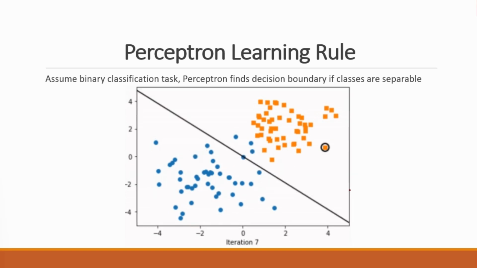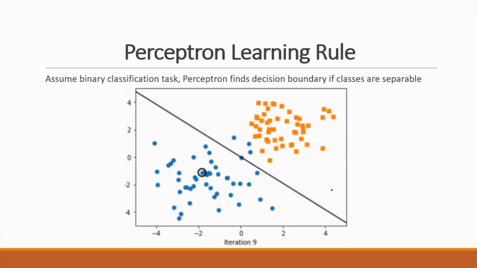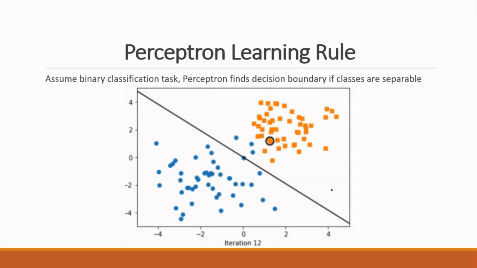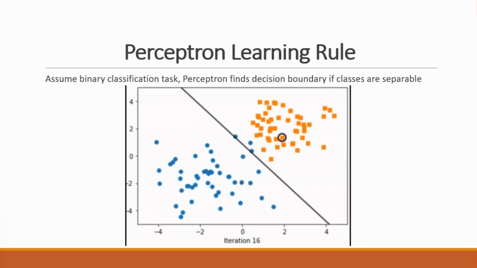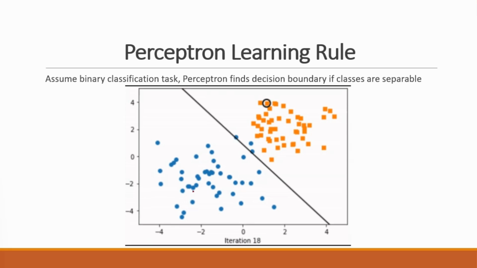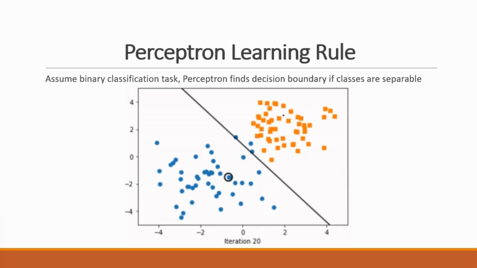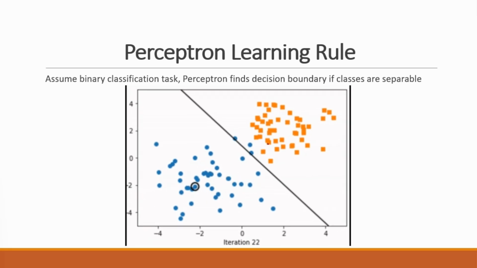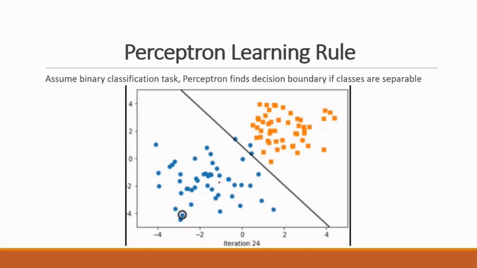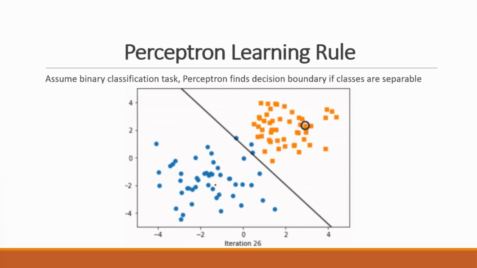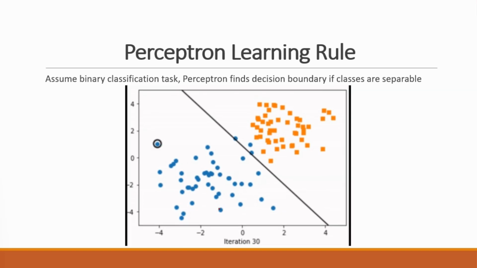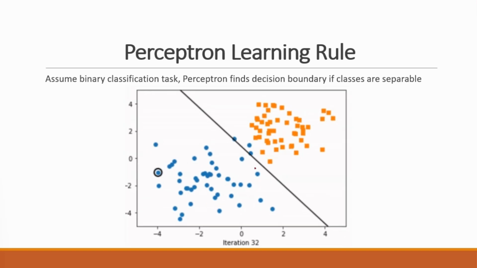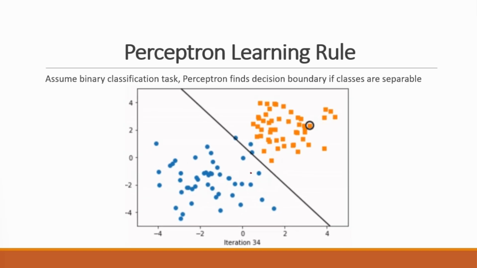Actually, I forgot how many iterations there are. There might be 20 or 30 or 40. You can see it's still making mistakes, and the circle shown here indicates which data point it is currently looking at. You can see it's on this black circle. It's moving around because we have shuffled the data set, and then it will look at one training example at a time, and if it finds a misclassification, then it will move the decision boundary.